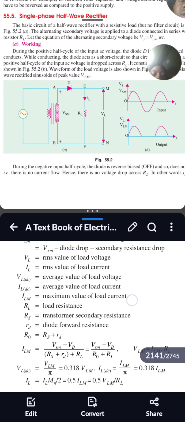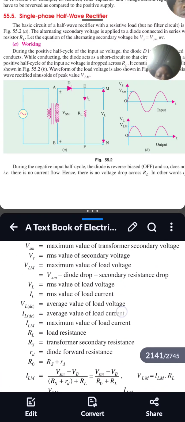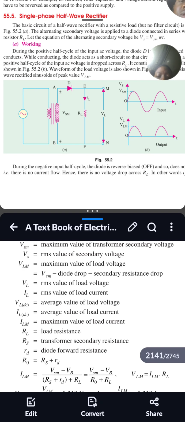Now VL is your RMS value of load current. That means what I'm trying to tell you here is the RMS value of load current, it's just the secondary RMS value.